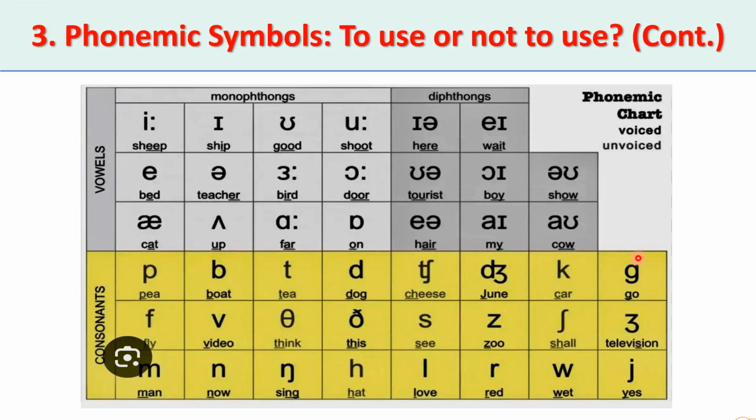If we think about young learners who are 3 to 5 years old, their level is preschool or kindergarten level. So how should we teach them about IPA at this level?